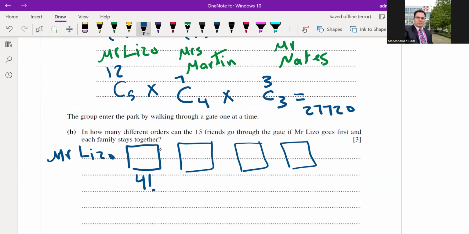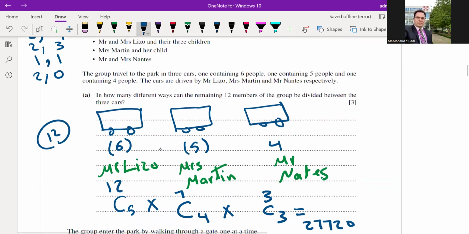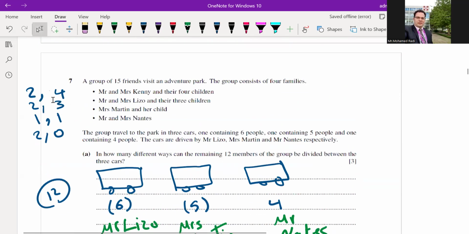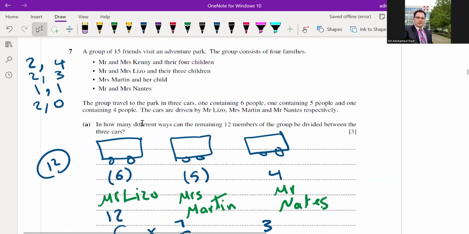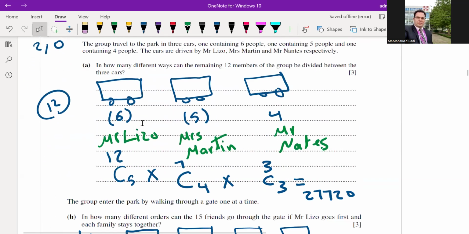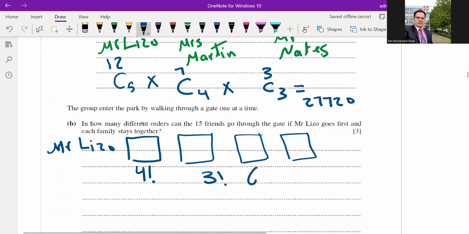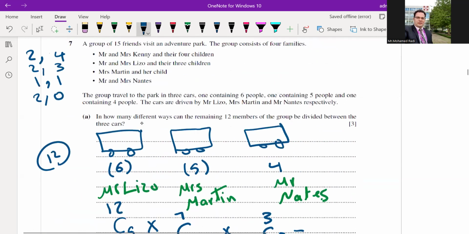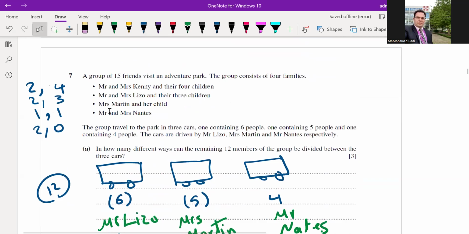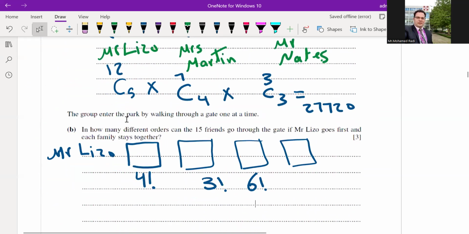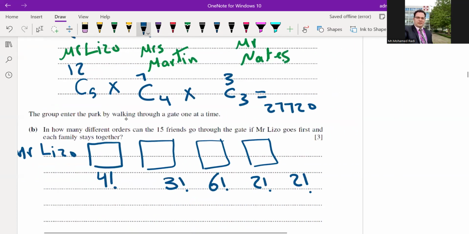Now, there are 3 families. In how many ways can we rearrange the 3 randomly? It's 3 factorial. But we'll rearrange each family in between. The first family, there are 6, so we'll rearrange it 6 factorial. Second family, these are done. Third one, there are 2, will be 2 factorial. And this family, it's also 2 factorial.